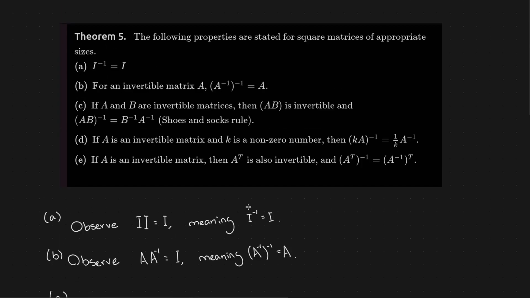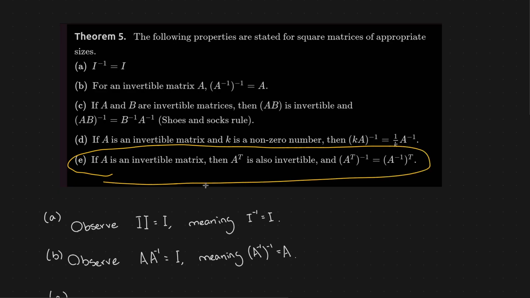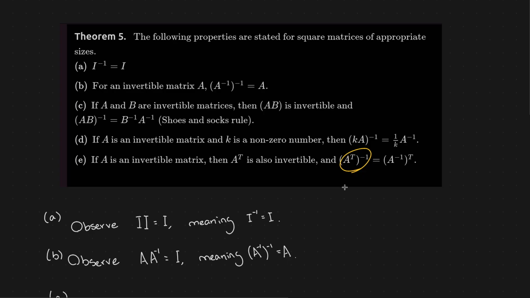All right, one more, and this one's a little interesting. If A is an invertible matrix, then the transpose of A is also invertible, and the inverse of the transpose is the transpose of the inverse.